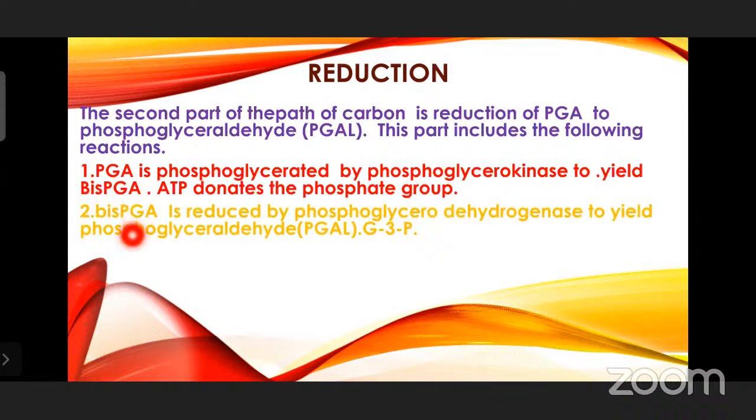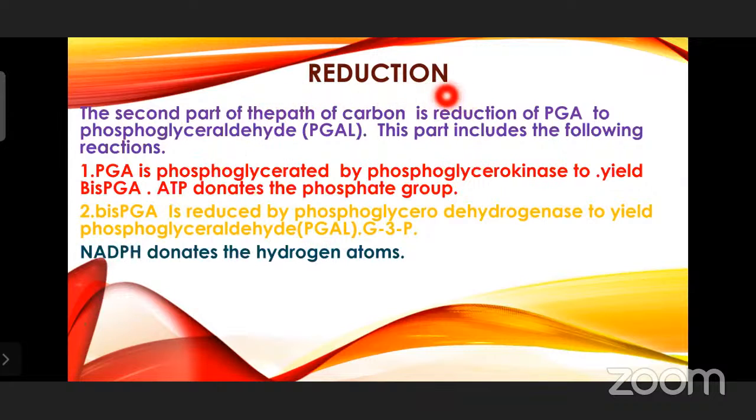Now this bisphosphoglyceric acid is reduced by phosphoglyceraldehyde dehydrogenase to yield phosphoglyceraldehyde, PGAL, or we can also say glyceraldehyde 3-phosphate. NADPH is going to donate the hydrogen atoms. So ATP and NADPH are utilized in the reduction phase.